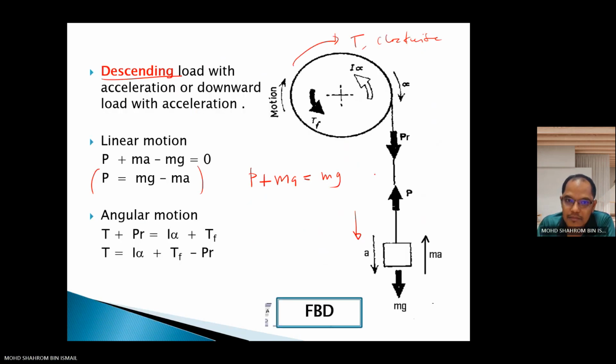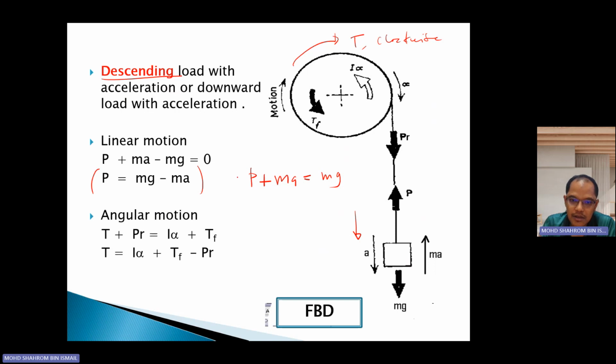Since it is descending, it goes down, so the acceleration is going downward as well. If the acceleration is going downward, there is a reaction force, which is the mass multiplied by the acceleration.